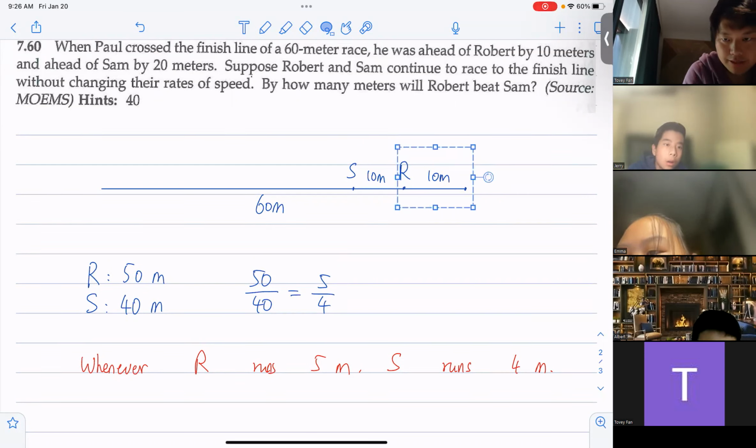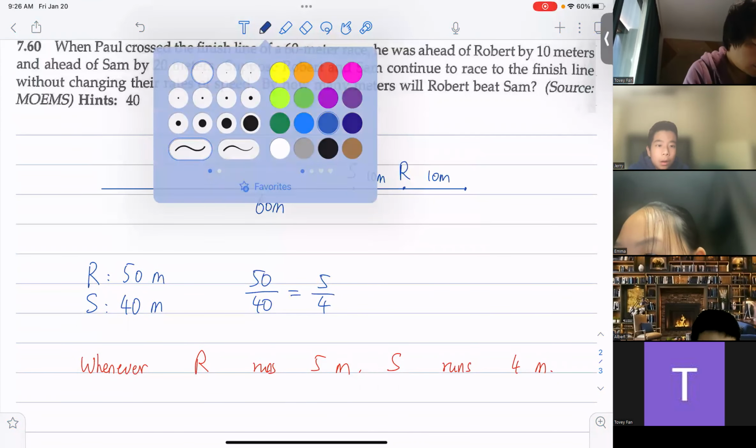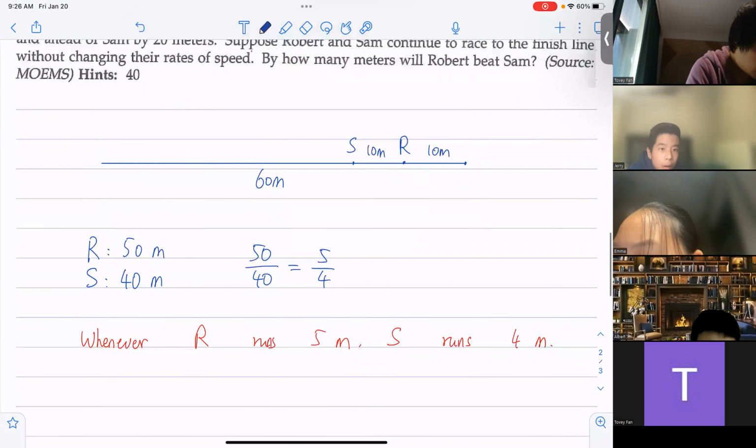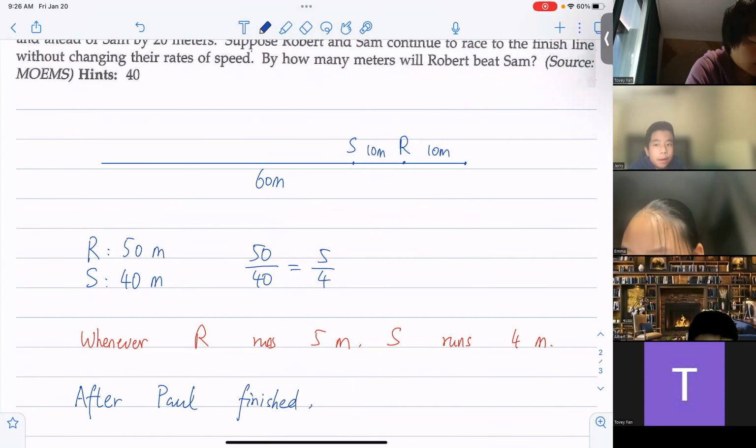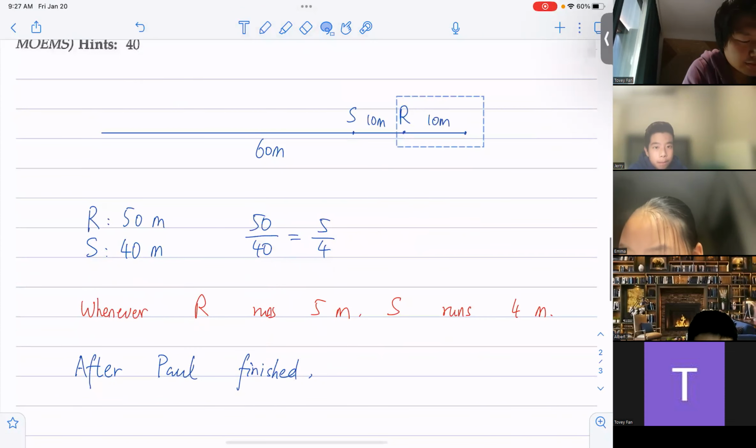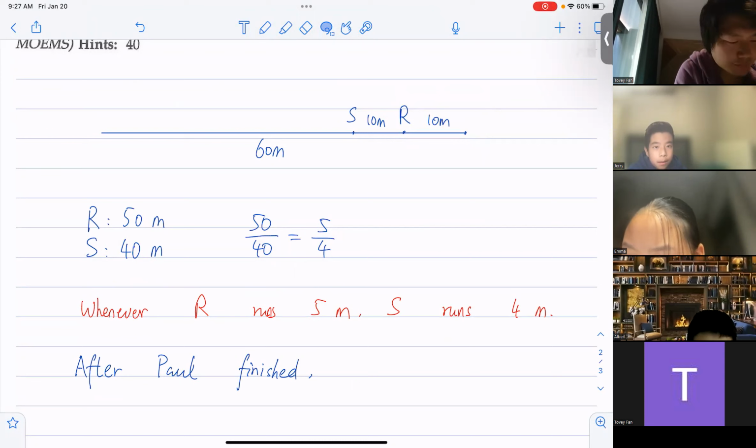So how many meters are there for Robert to cover? Well, that's not a math question. It's just the understanding of the problem, right?